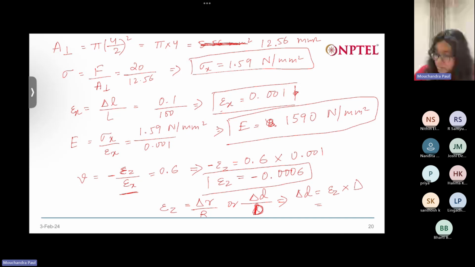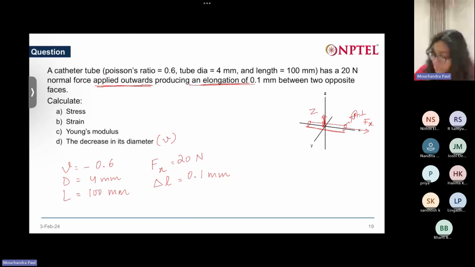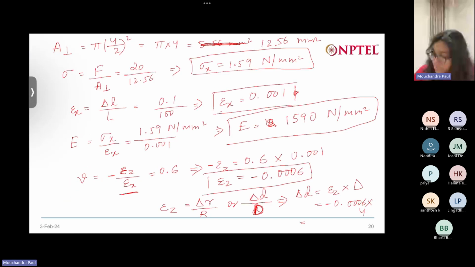Epsilon z we know is negative 0.0006, into our diameter, which was 4 mm. Now what will it become? Just 6 into 4, 0.0024. So delta D is this much. Why is the negative important here? Because we are trying to show that this much of the diameter has decreased.